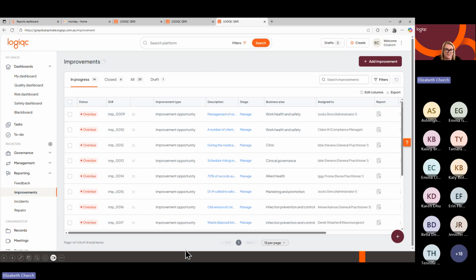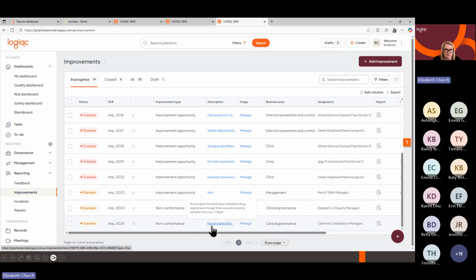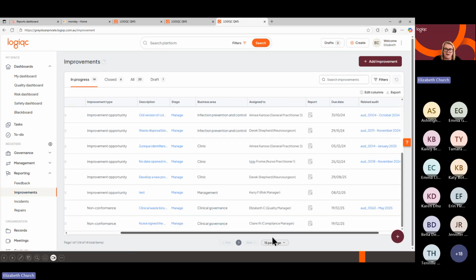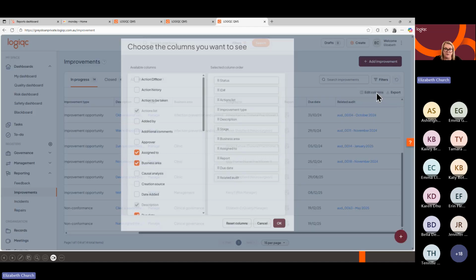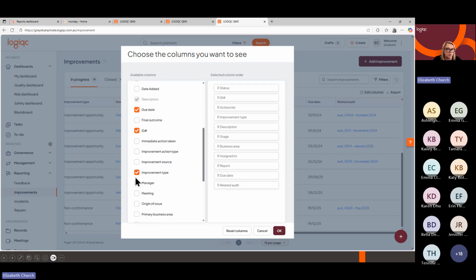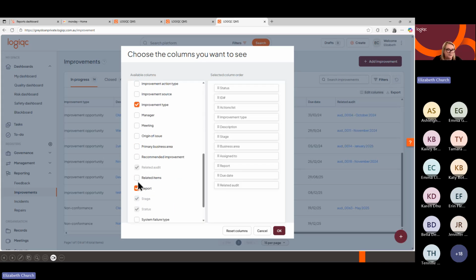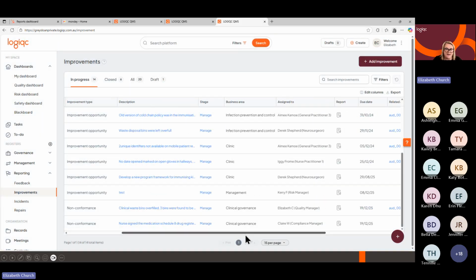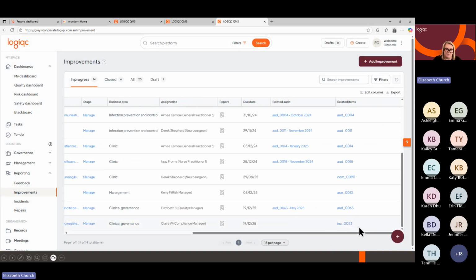So when we look at that particular improvement or that non-conformance that we've reported, you may need to edit your columns because everyone's visibility is not always the same. But really what we want to look for here and what column it is that we want to include is the related items column, because that then will always show you that the root of this was incident number 2023.